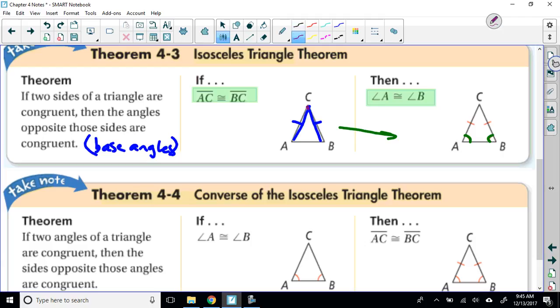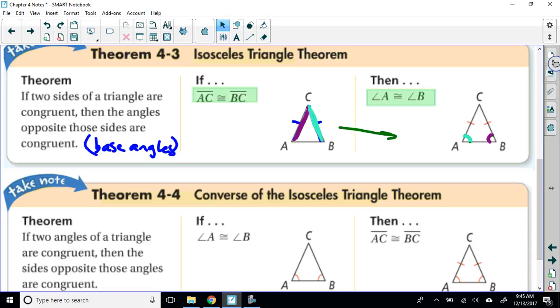If we look at side AC, the angle opposite side AC is this angle B over here. And if we look at BC, the angle opposite BC is angle A. So basically this is just saying that the base angles of an isosceles triangle are congruent. It's kind of a summary of what that theorem says.